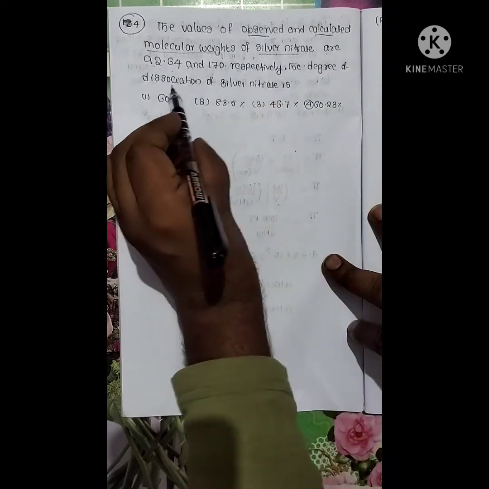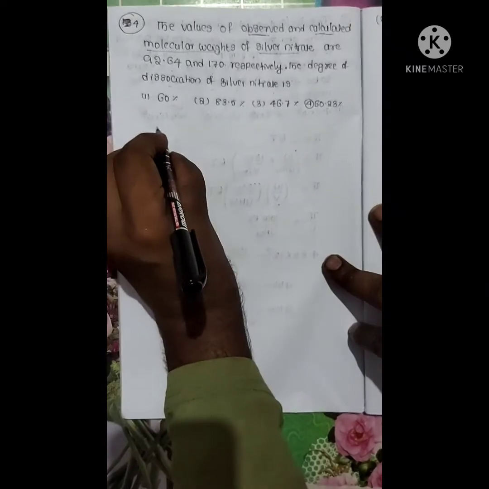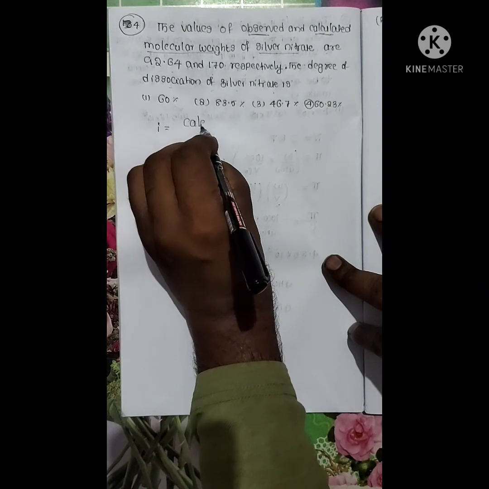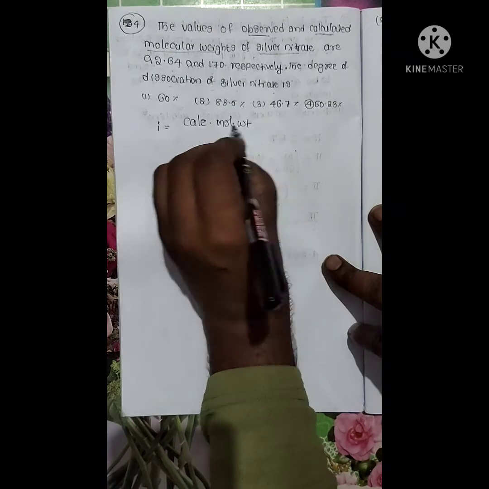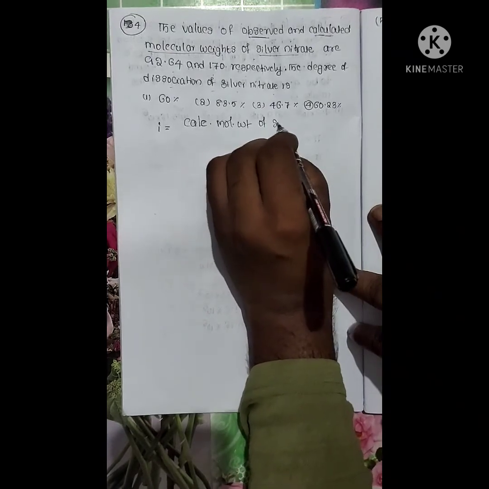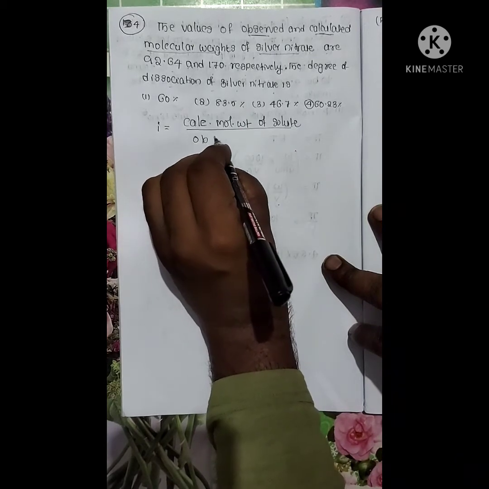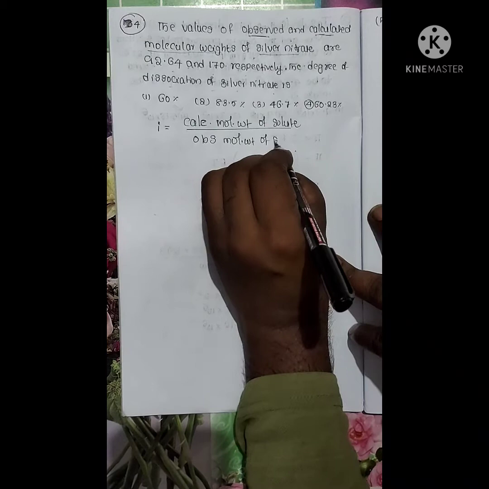What is the degree of dissociation of silver nitrate? My dear student, here we want the factor i, equal to calculated molecular weight of solute by observed molecular weight of solute.